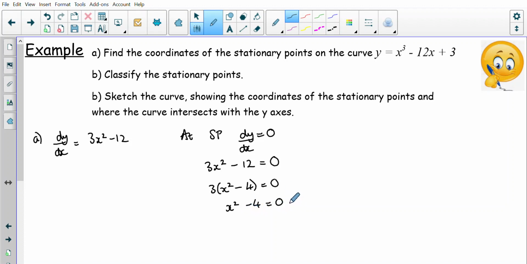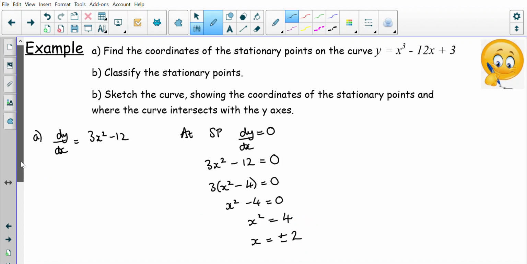We can either take the 4 on the other side by adding 4 to each side and square root, or we could factorise using difference of two squares. If we just take the 4 on the other side and then square root, we mustn't forget that we get a positive and negative square root, so we get x is plus or minus 2, and we remember it's a quadratic equation, so we are expecting two x values.